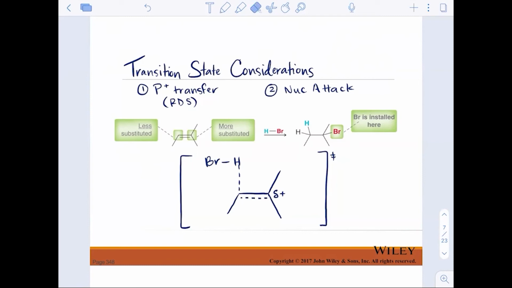And so as that hydrogen is being picked up by the alkene in the proton transfer, we also have to consider the carbocation being formed. So that carbocation plays a huge role in understanding which position gets the hydrogen and which position gets the halogen.